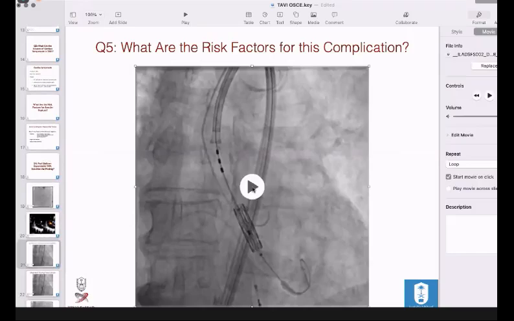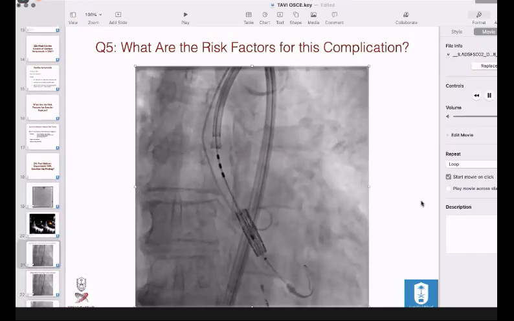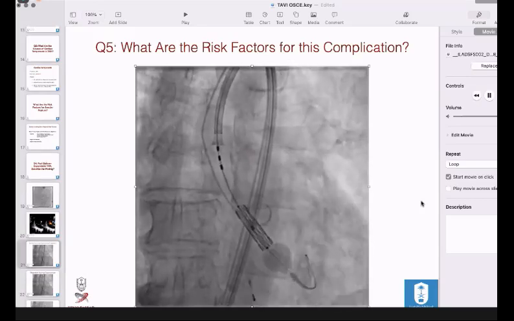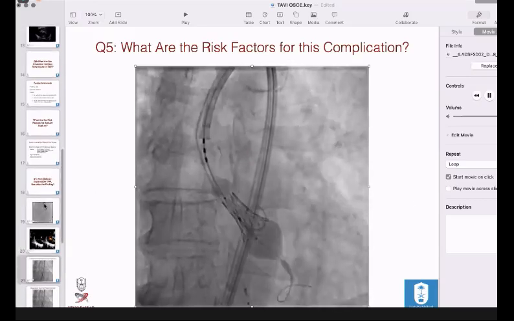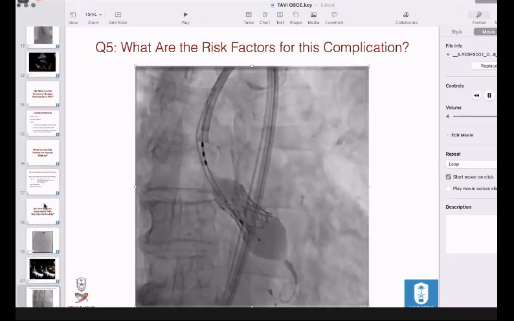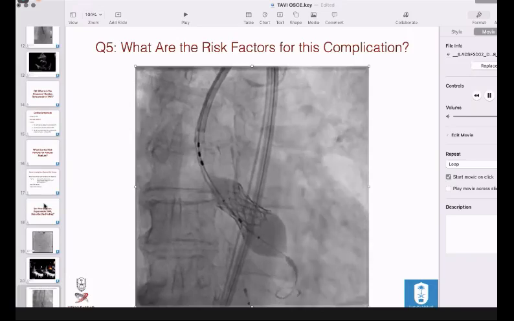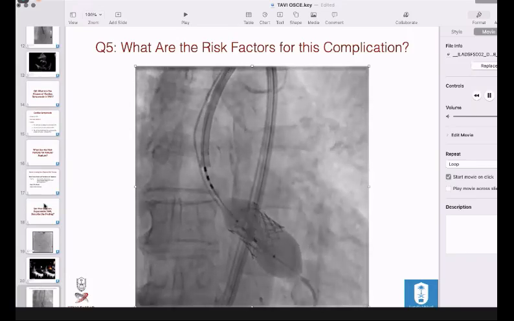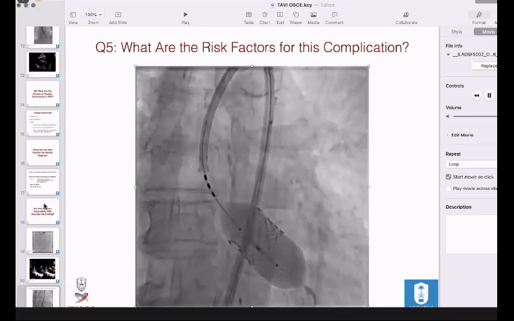Okay, next scenario. What are the risk factors for this complication? Valve migration. Excellent. Okay, so there's valve migration.